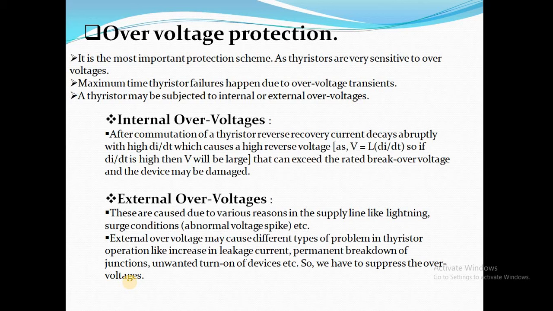Due to that, there is a voltage drop across the device and the entire operation may get damaged here. So these are the two major overvoltage occurrences during the operation of SCR.